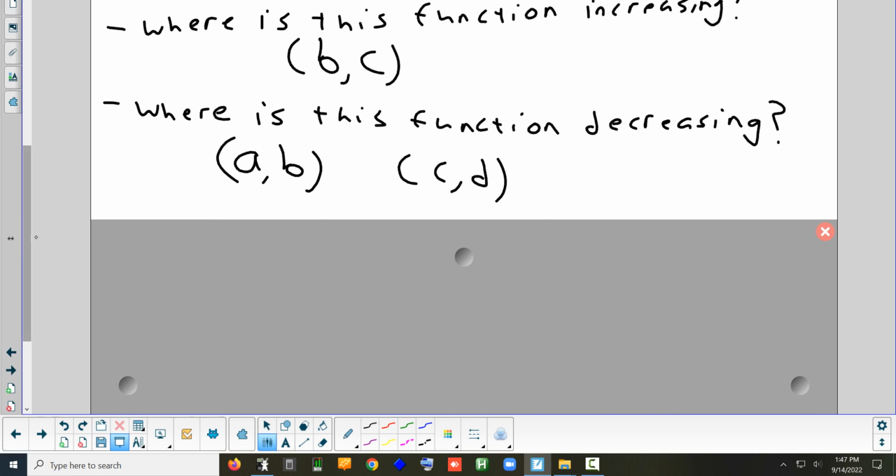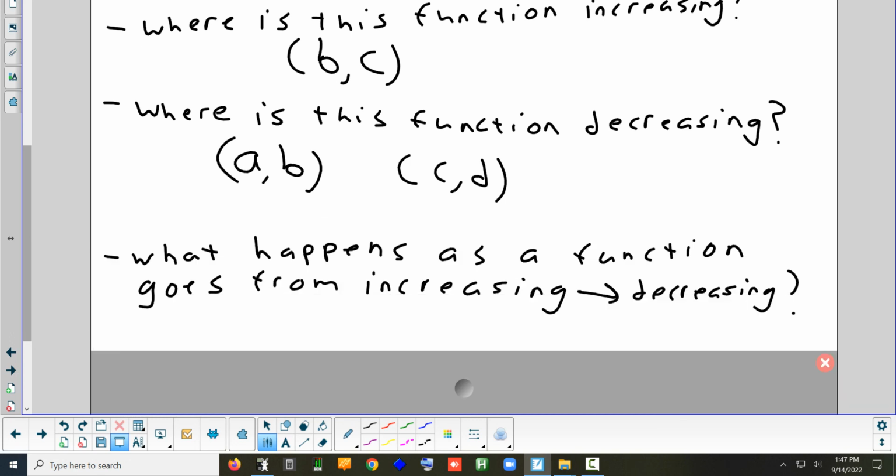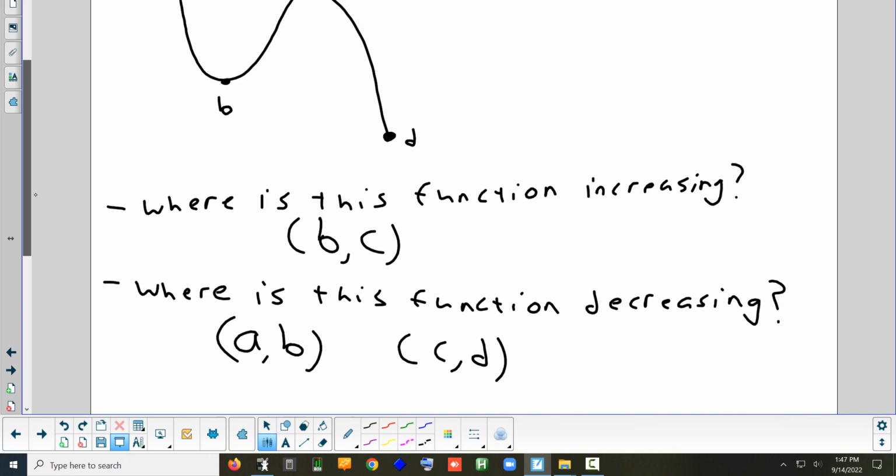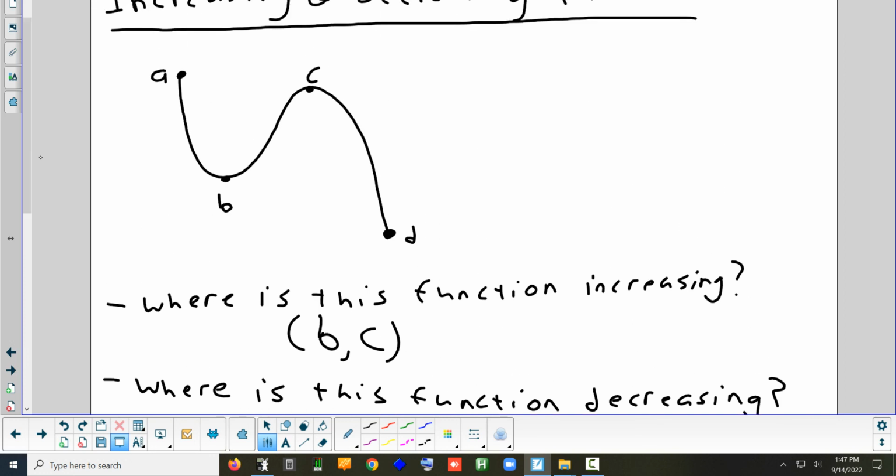Now, look at one of those points where it goes from increasing to decreasing, like point C. What do you get at point C because it goes from increasing to decreasing? What special thing occurs at point C?